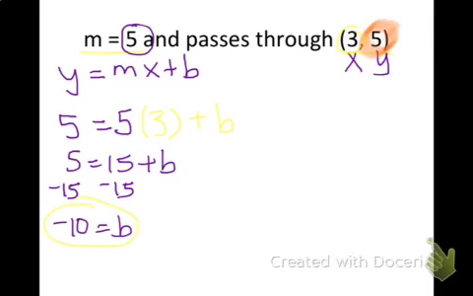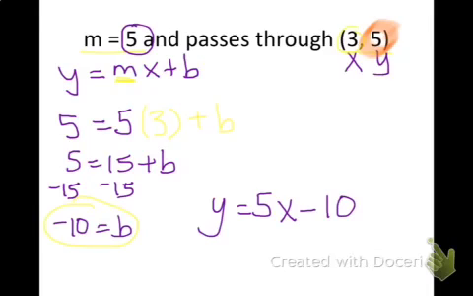Now we cannot stop here. That's just b. And we have to actually write the equation. So what we're going to do is say y is equal to, we already know that our m is 5, x, and our b now is negative 10.